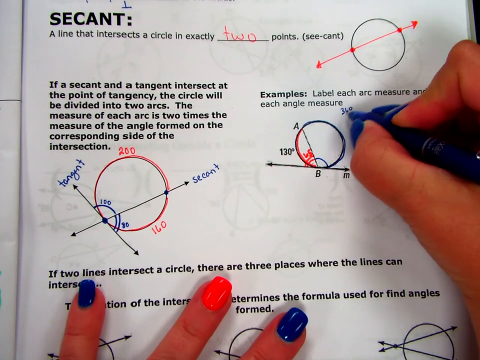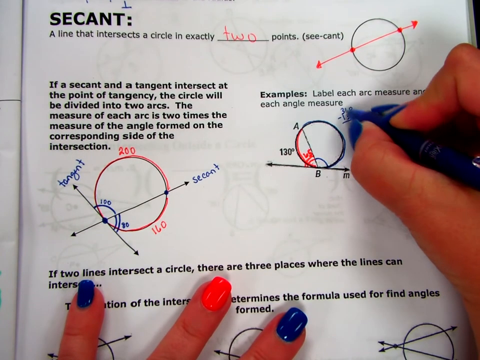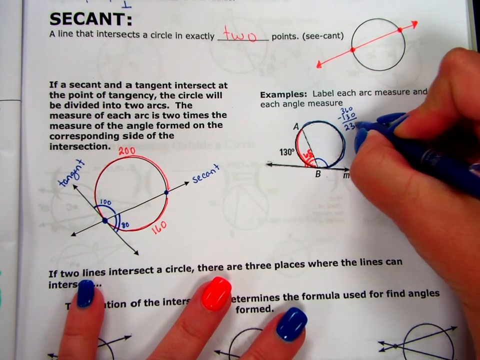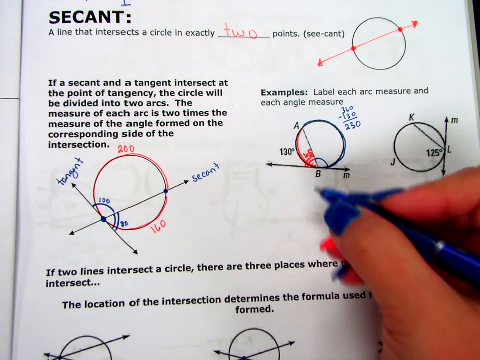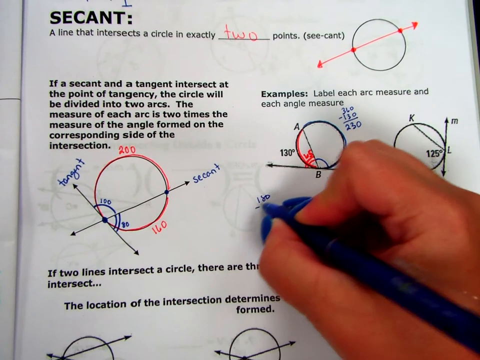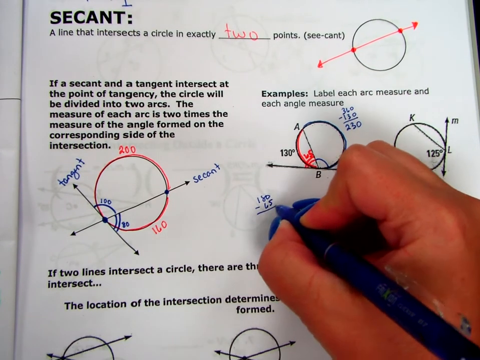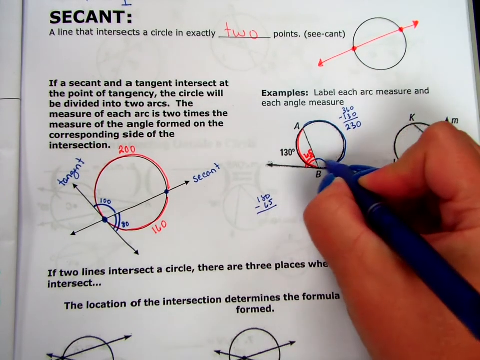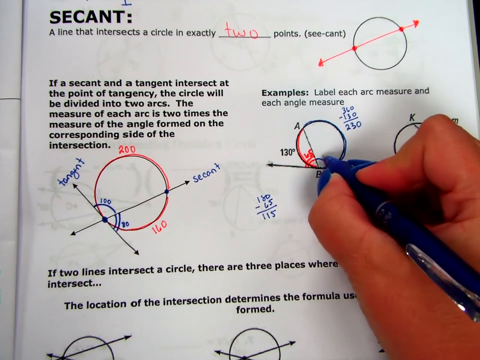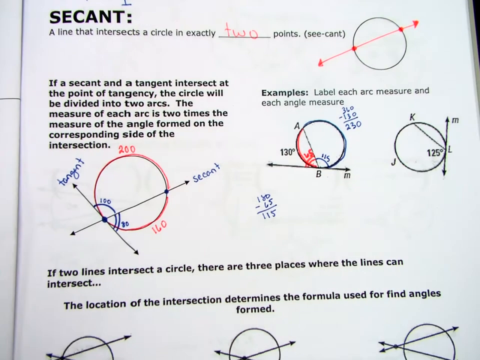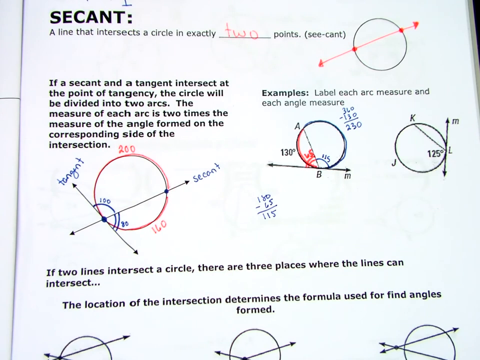So I could do 360 minus 130, which would give me 230. Or I could do 180 minus 65 for the angle down here, and that would give me 115. Notice no matter which way I do it, I'll end up where the angle is half of the arc. 115 is half of 230.